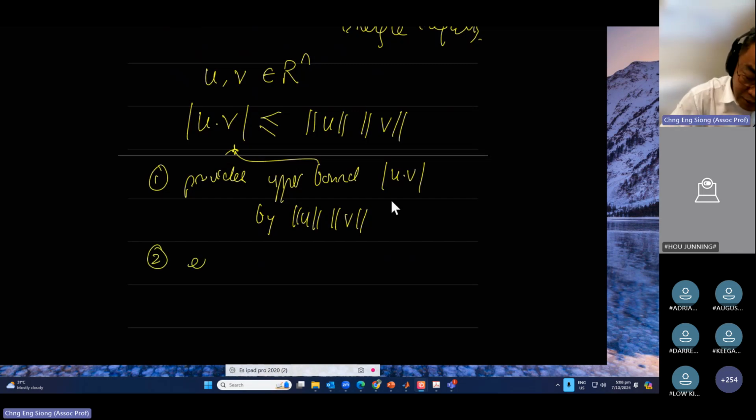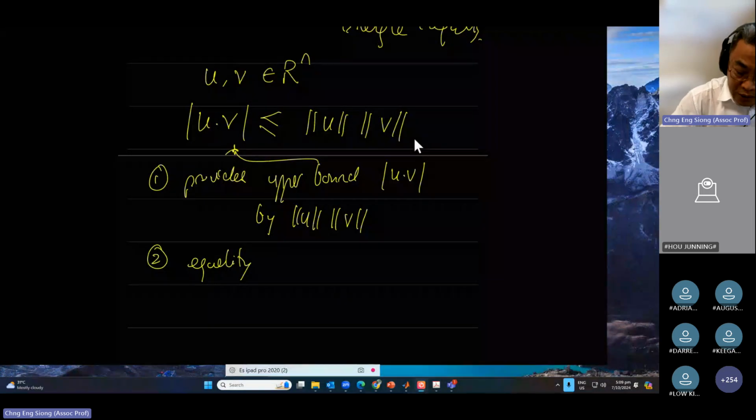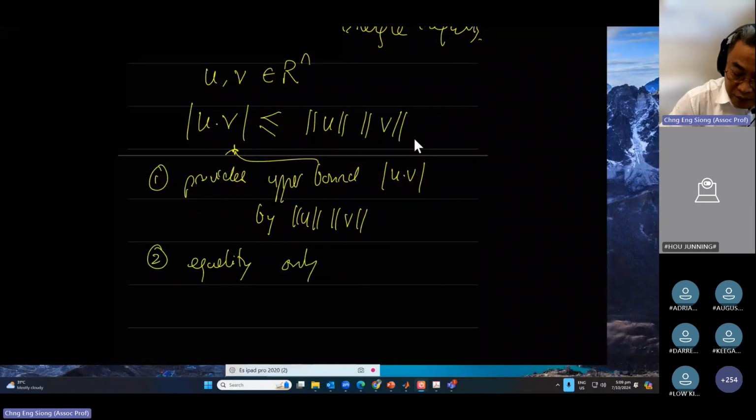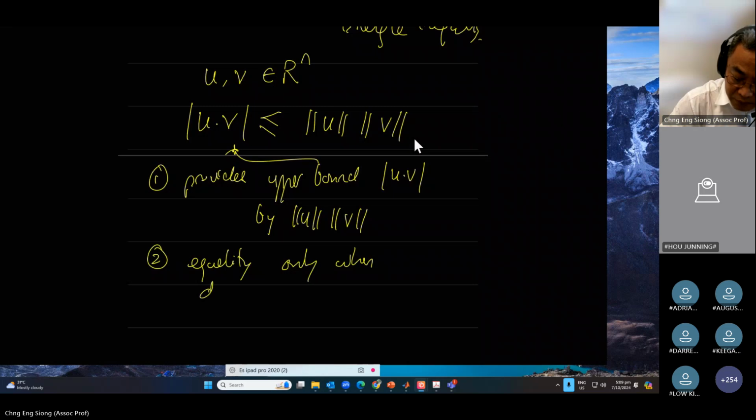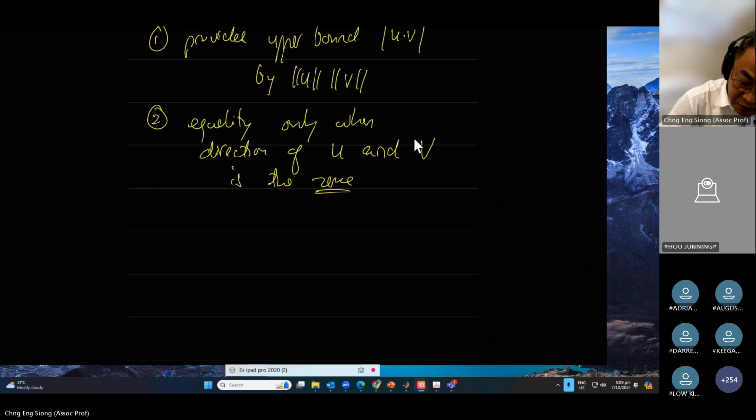And the other thing is they are equal only when the directions of u and v are dependent, that is, the same. The same basically means that if I have u pointing here, and then I have v pointing in the same direction.